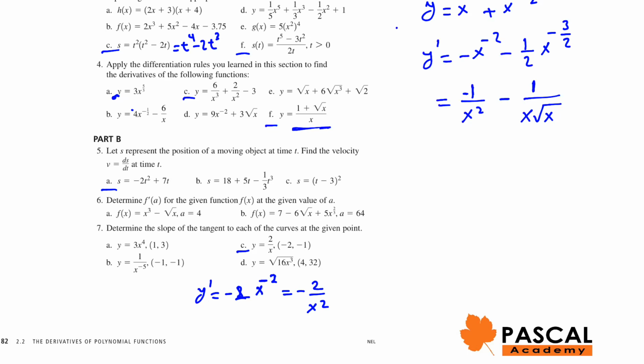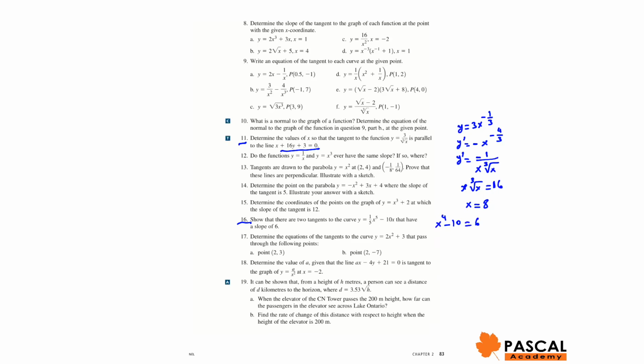Question 7, part A. Determine this, part C. Determine the slope of the tangent to each curve. The derivative of 2 over x is minus 2 over x2, and the slope of the tangent line when x is negative 2 is minus 2 over 4, which is negative 1 over 2. To find the slope of the tangent line, we find the derivative and we plug in the x value.